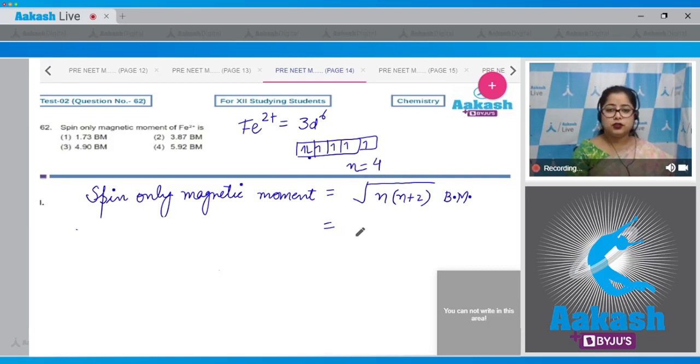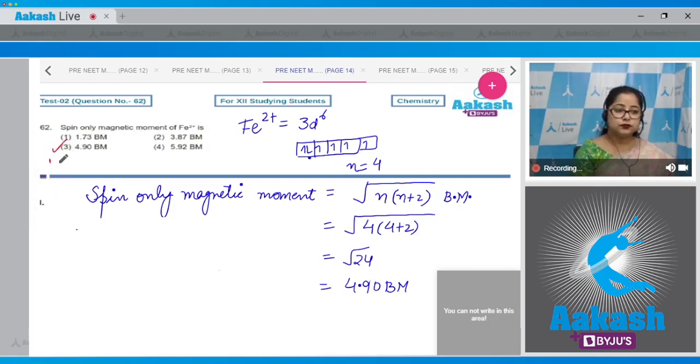Let's put it here, under root 4(4+2), which is equal to under root 24, which is equal to 4.90 BM. That means the correct answer is option number 3. Here I'm writing the correct answer is option number 3.